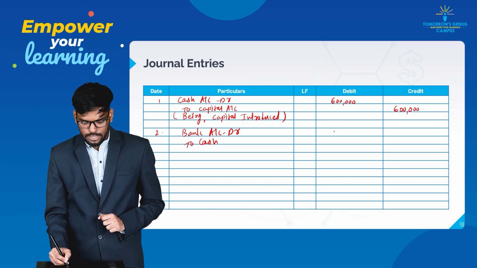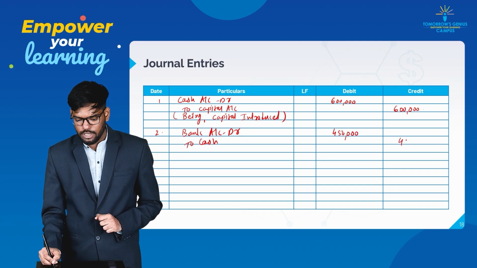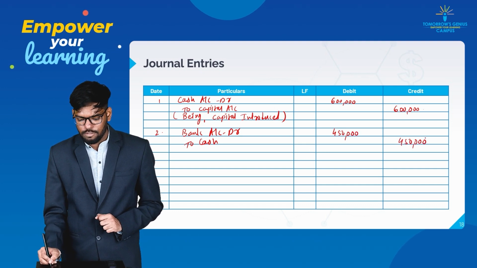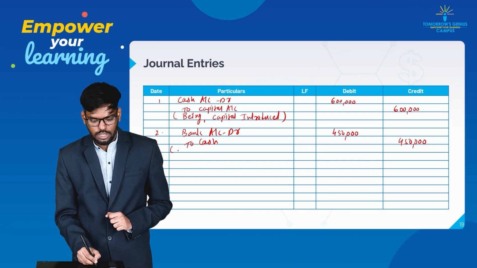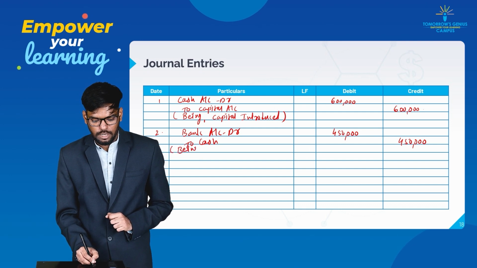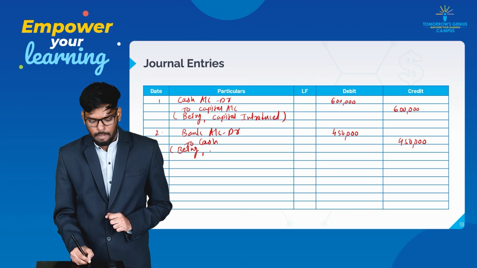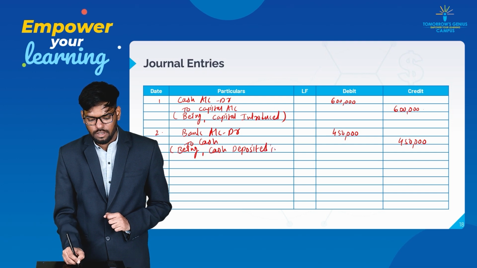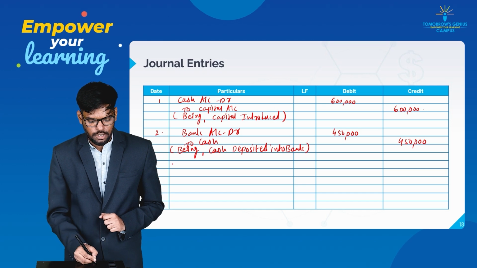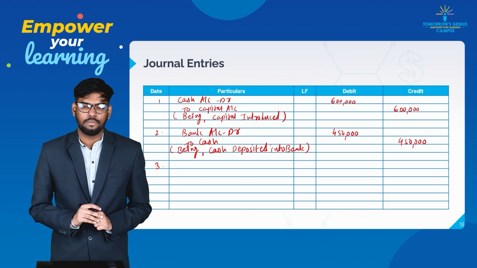So 4,50,000 rupees comes into the bank, and the same 4,50,000 rupees goes down from the cash balance. So the narration here: being cash deposited into bank, being cash deposited into bank, right?